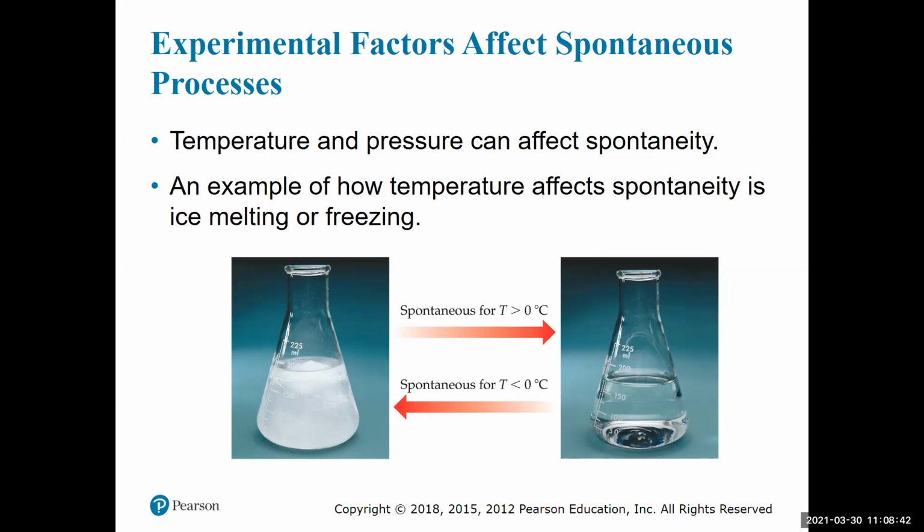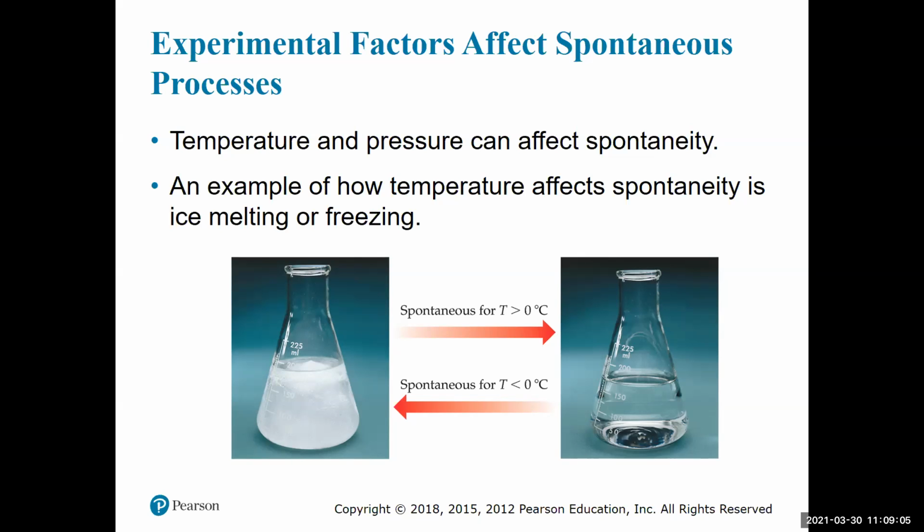And that's a spontaneous process. On the right-hand side, with the water that's already in liquid form, if we drop the temperature below the freezing point, so if we drop the temperature to less than 0 degrees C, then that liquid water is spontaneously going to start to freeze and become solid.